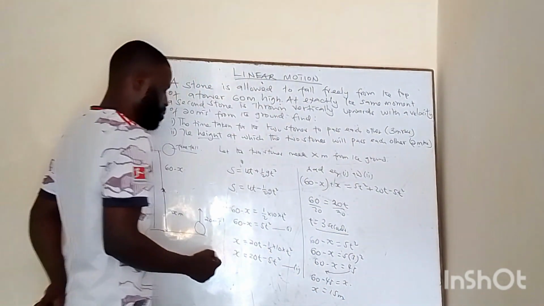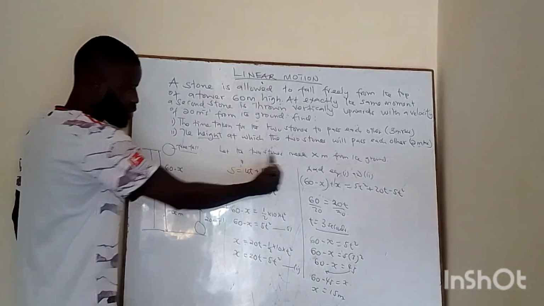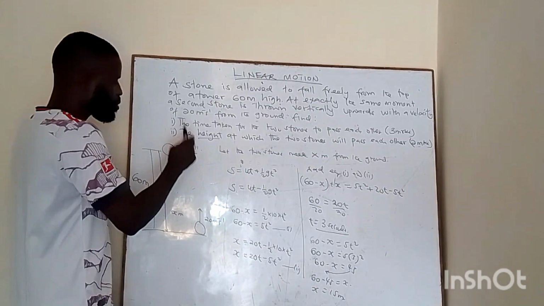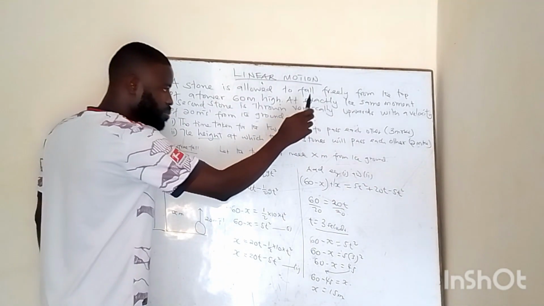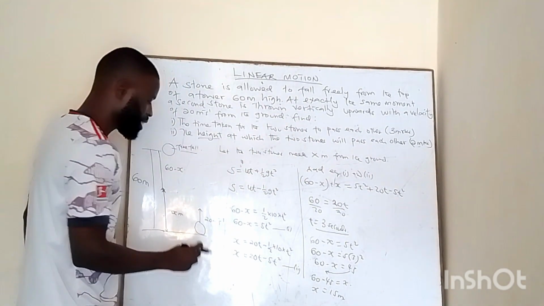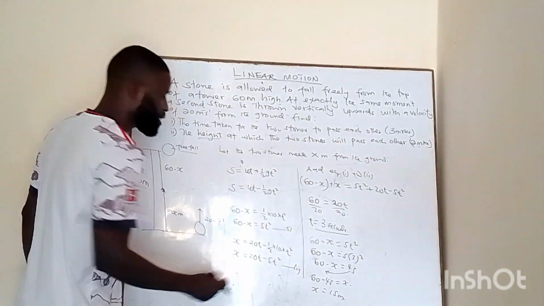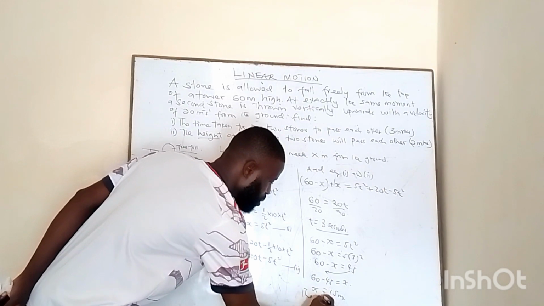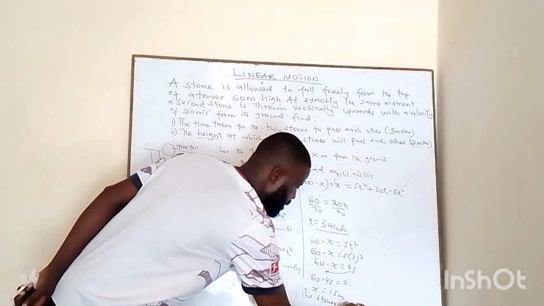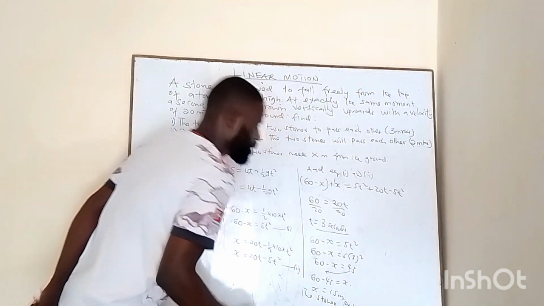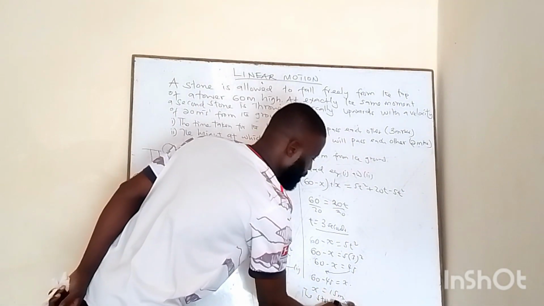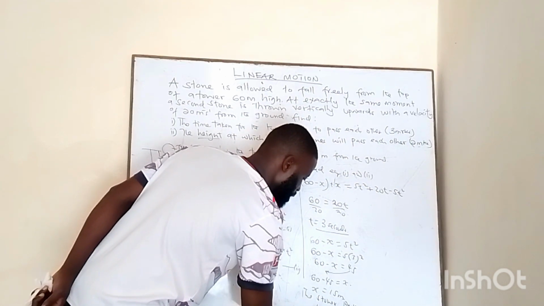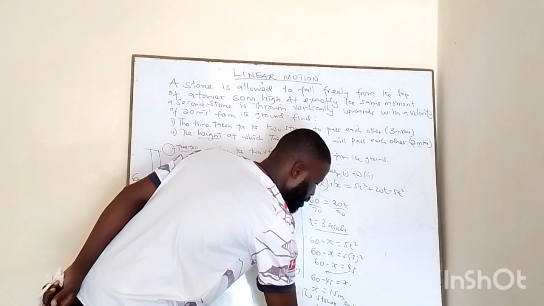So in short, from my assumption here that I said let the two stones meet x meters from the ground, and the question is the height at which the two stones will pass each other, the stones will pass each other 15 meters from the ground.